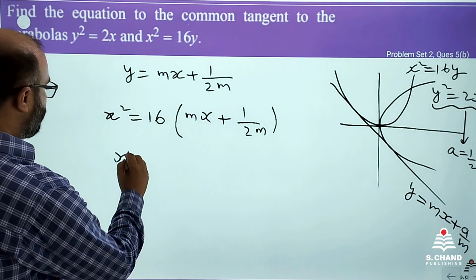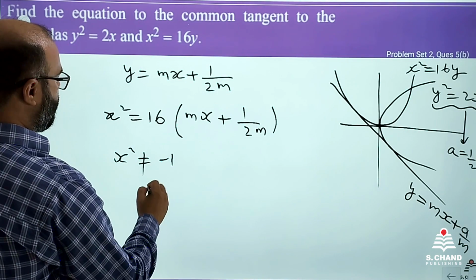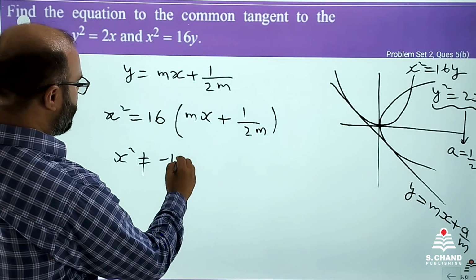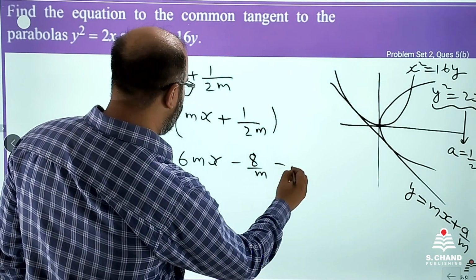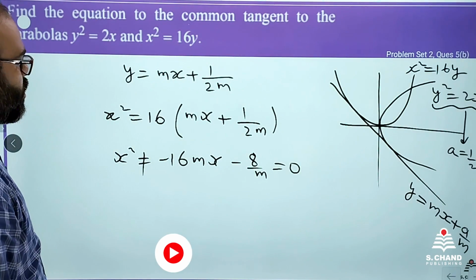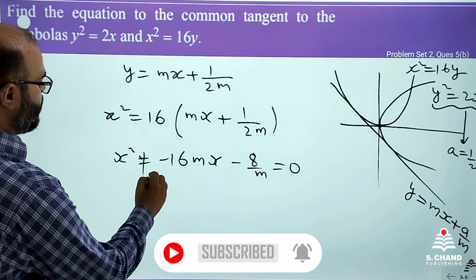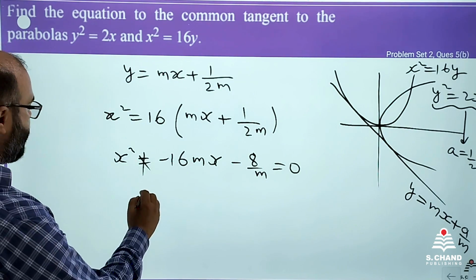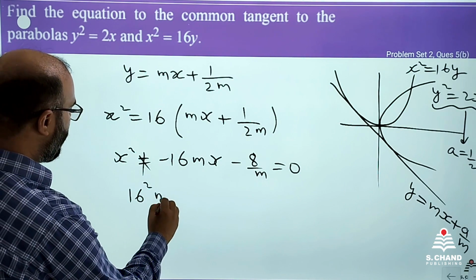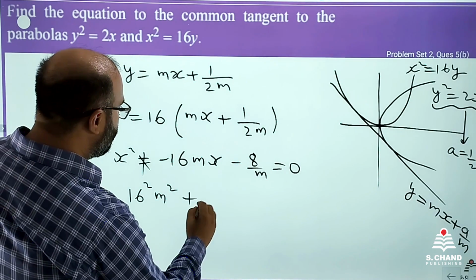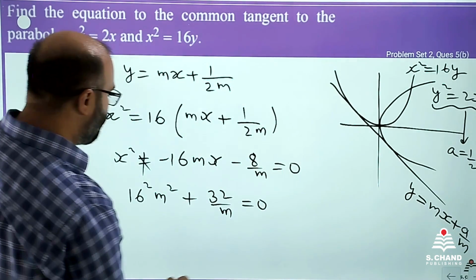So this will become x² - 16mx - 8/m = 0. Now its discriminant is b² - 4ac, which is 16²m² + 32/m, and this should be equal to 0.